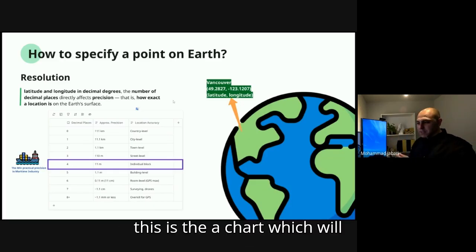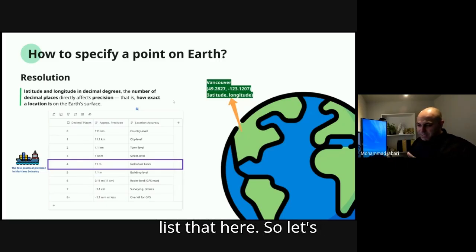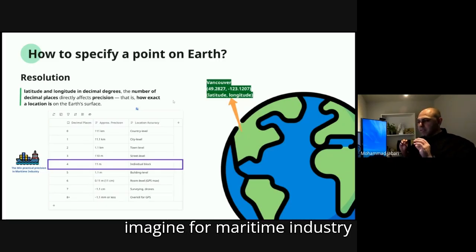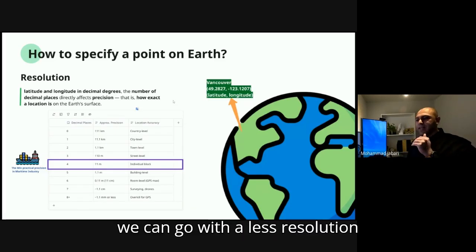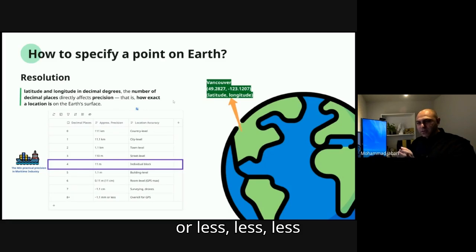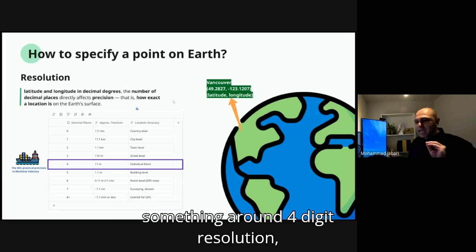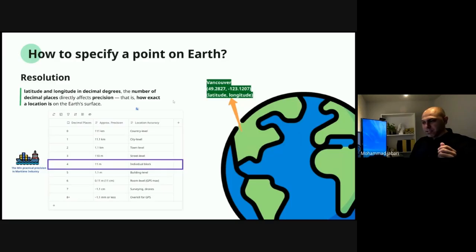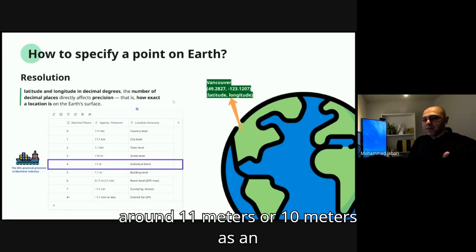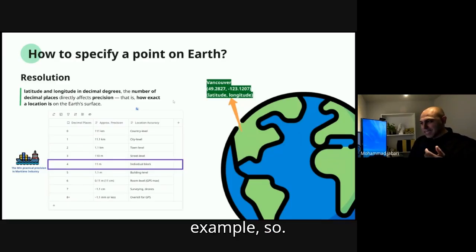This is the chart which lists that here. Let's imagine for the maritime industry, we can go with less precision, but for now, let's keep it at something around 4-digit resolution, around 11 meters or 10 meters as an example.